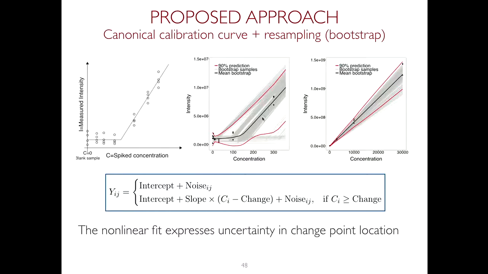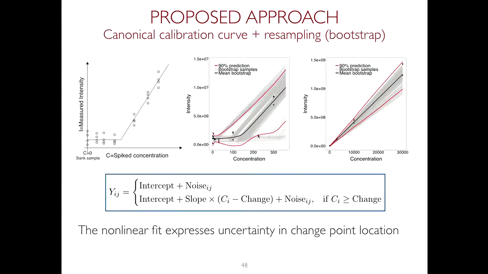And so here you see the gray lines which correspond to these 1,000 iterations of fitting this curve to resampled data. If the data are resampled in a way that you don't have this flex point, it's only straight, you fit a straight line. If you have a flex point, you fit this. And so there are these multiple curves which you obtain, and then you average the results of these curves across all the iterations.